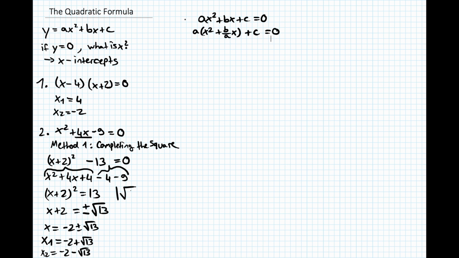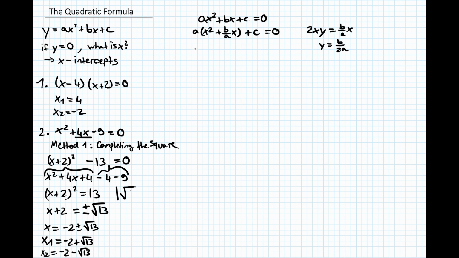In the next step, now we will try to complete the square. So our middle term, b over a times x, will be equal to 2xy. So 2xy is equal to b over a times x. So our y is equal to b over 2a.